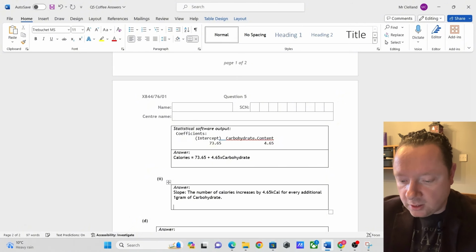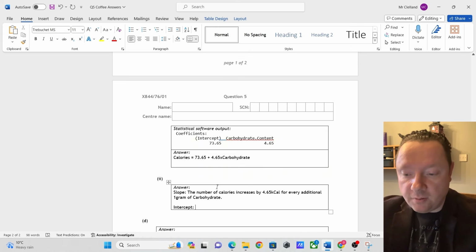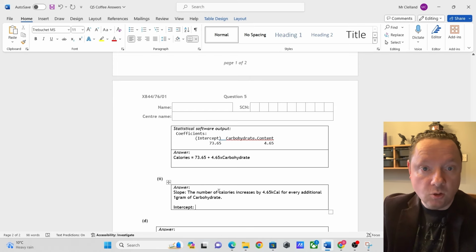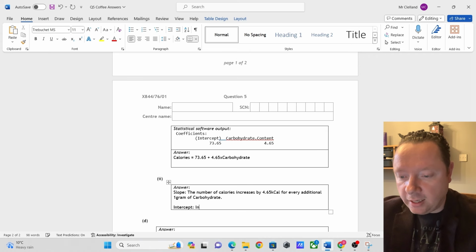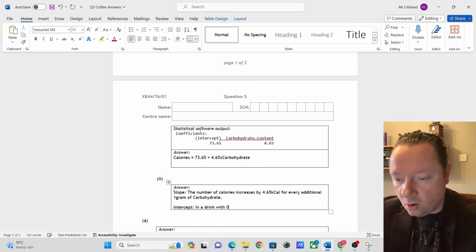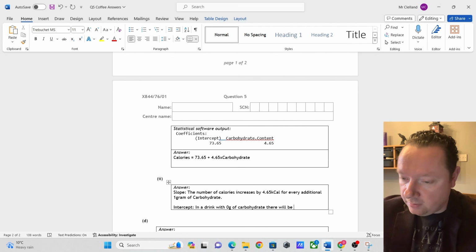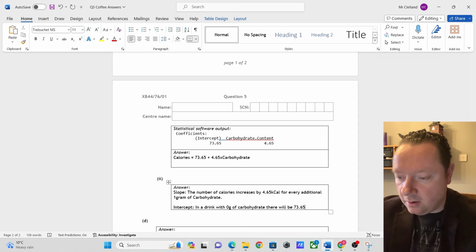Okay, the y-intercept, or we'll just write intercept. So the intercept is the first number, 73.65. That tells you what happens when there's no x, no carbohydrate. So in a drink with 0 grams of carbohydrate, there will be 73.65 kilocalories.